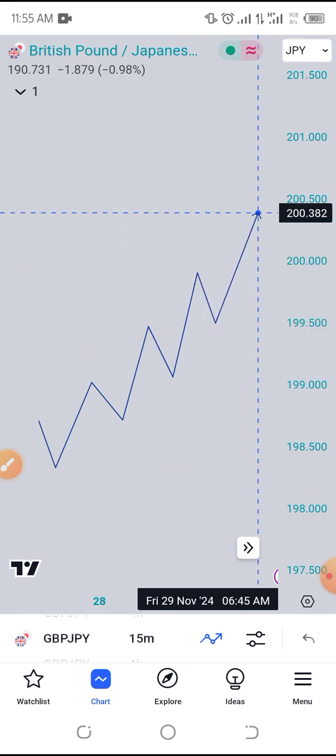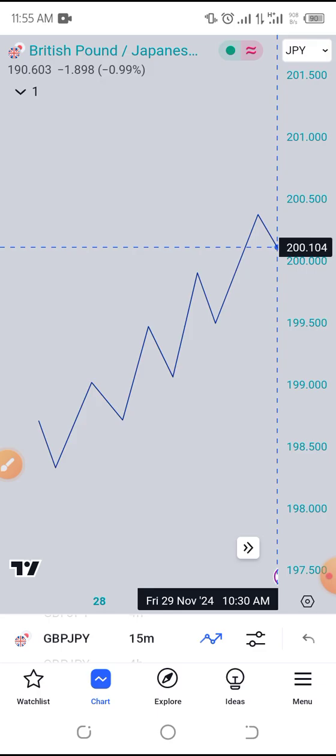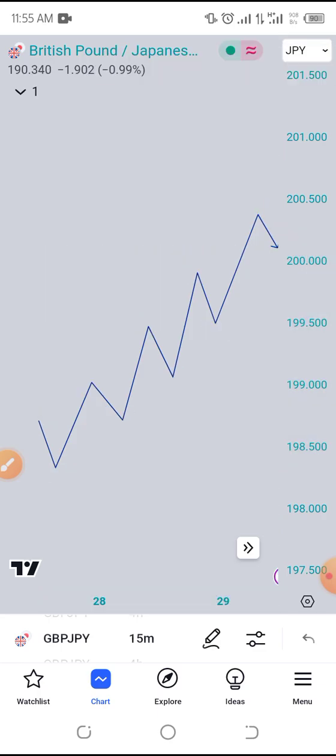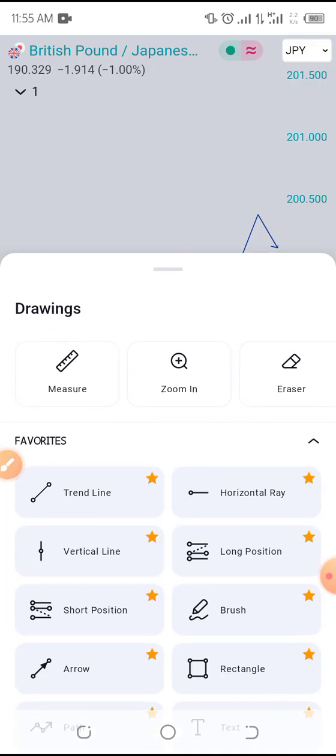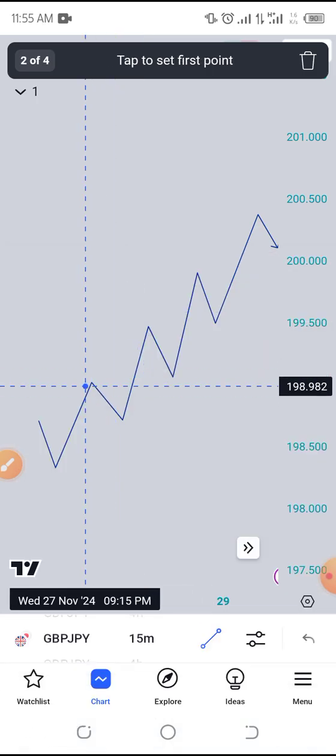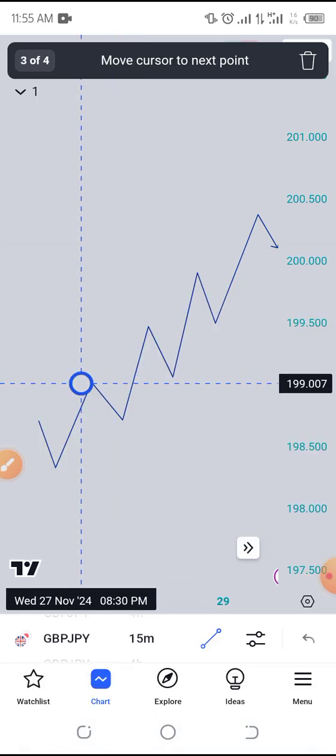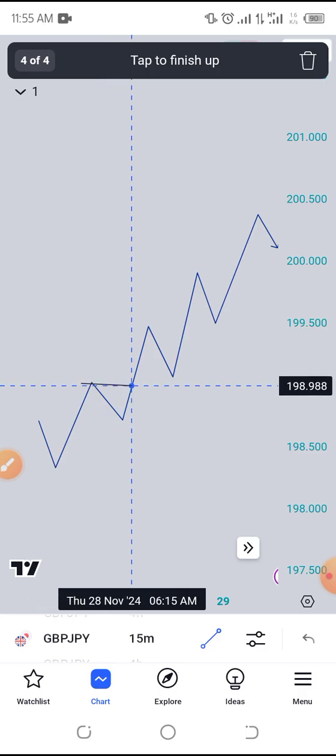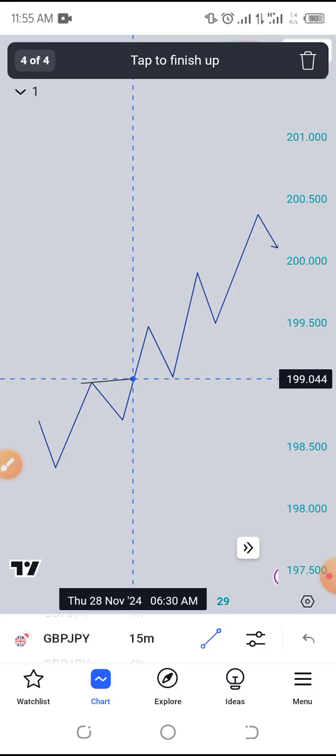So clearly you can say the market is in an uptrend. What you just have to do to identify your break of structure is identify the highs. These levels here are all highs in our uptrend.